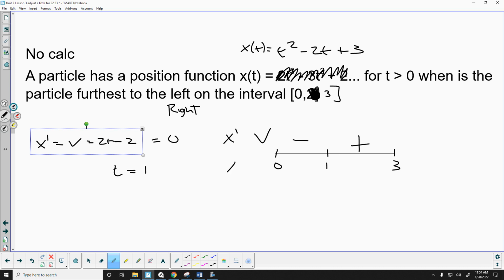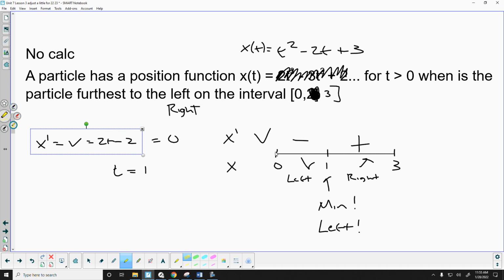This is telling me my position is decreasing and increasing. So obviously, I know for a fact this is my min. Or if we think about motion, this would be my furthest left because I go left then right. That's one way to get your answer.